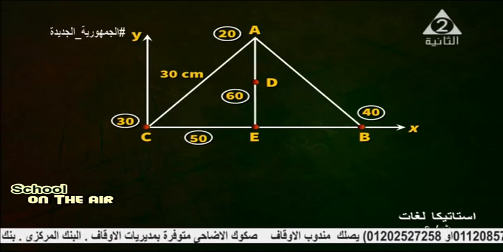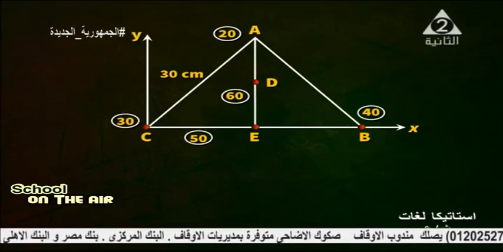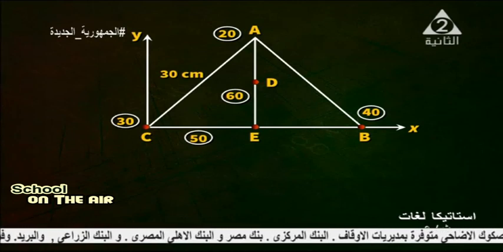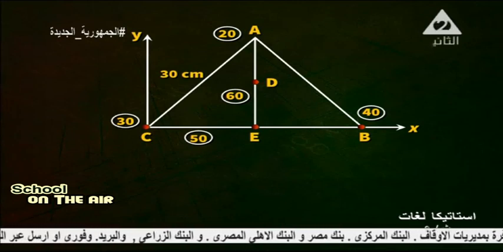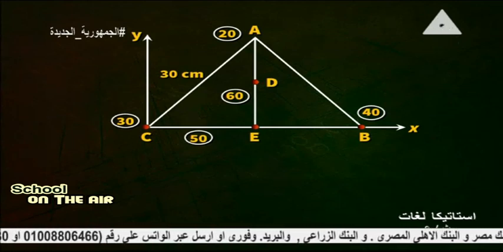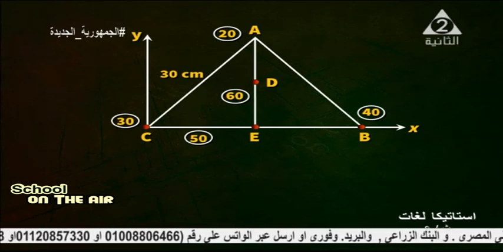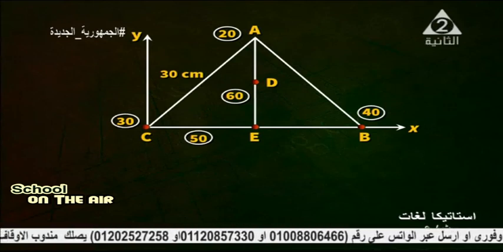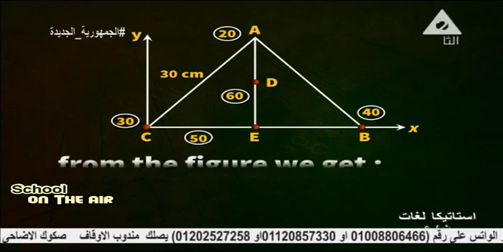C is one of the vertices A, B, and C of the triangle. The mass 30 at C, at D 60, at A 20, at B 40, at E 50.